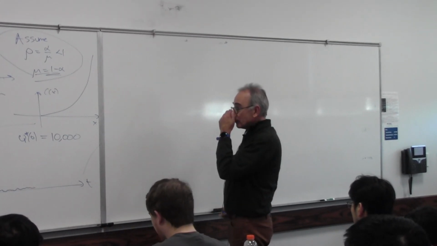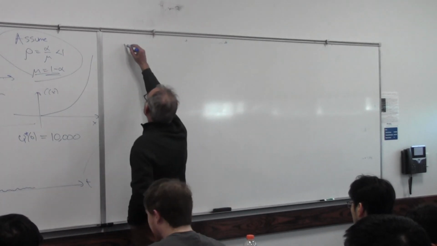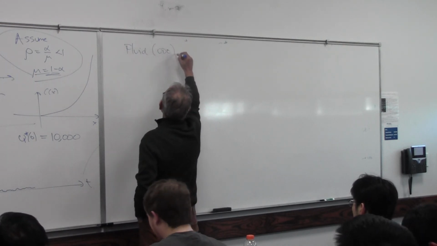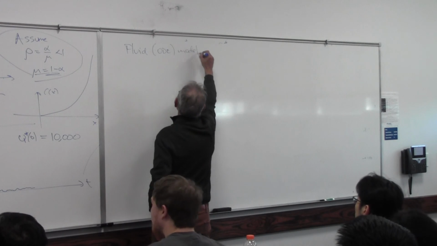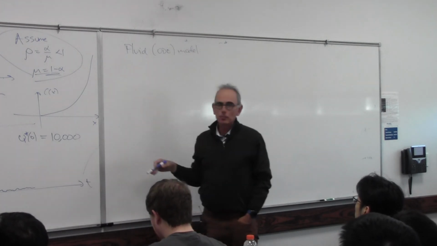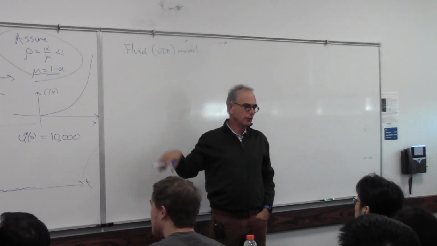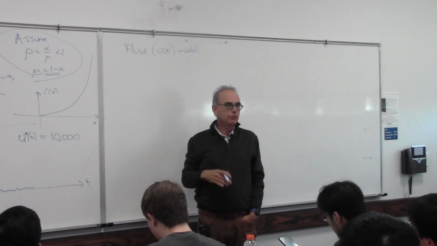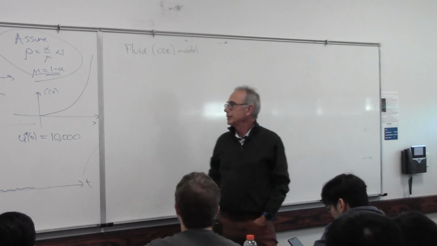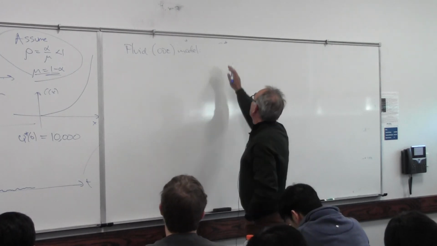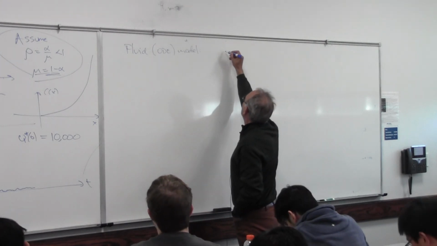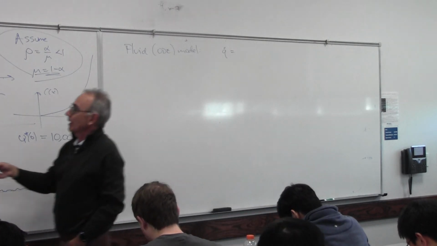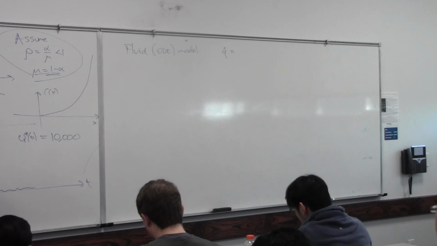So, the fluid model. I'm calling it a fluid model because there's a long history in queuing theory, going back to the 60s and 70s, of looking at fluid models for queuing systems. It's just the differential equation you'd expect, that Q dot is equal to that mean increment, alpha minus mu.